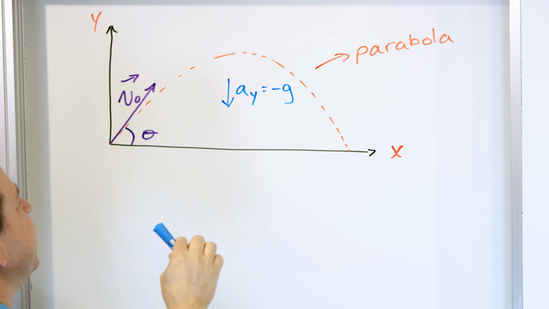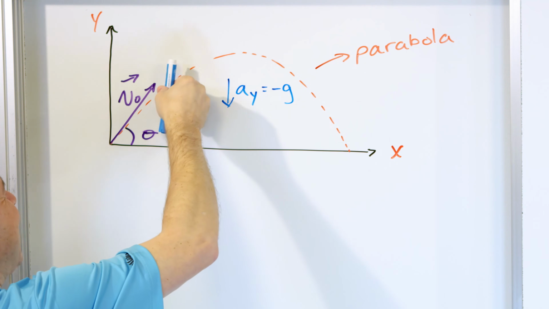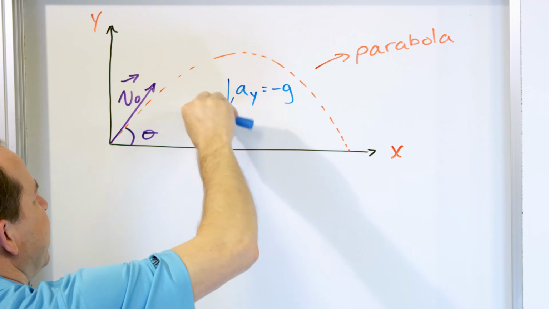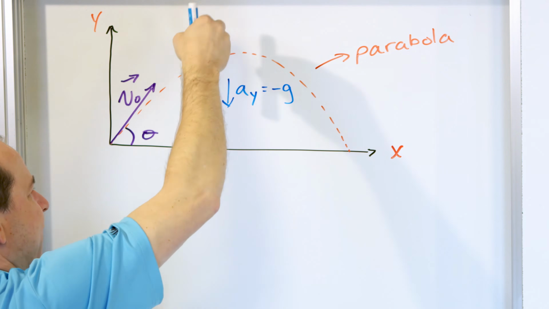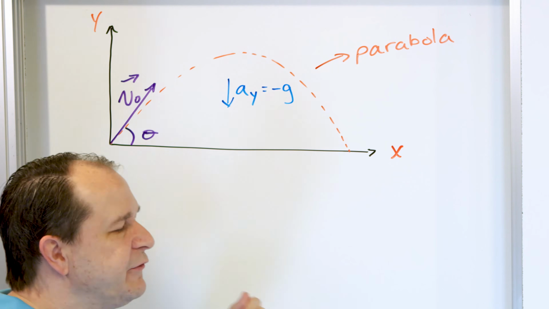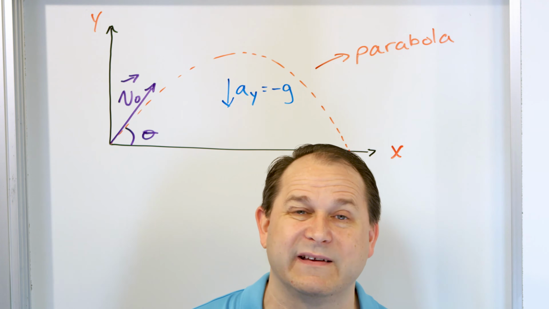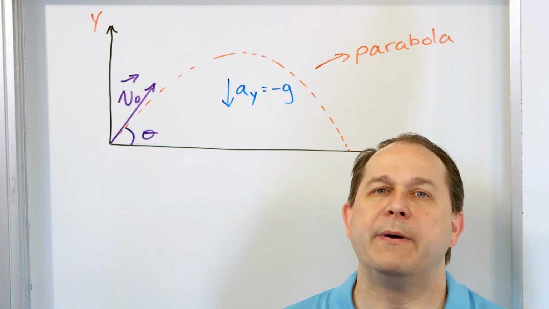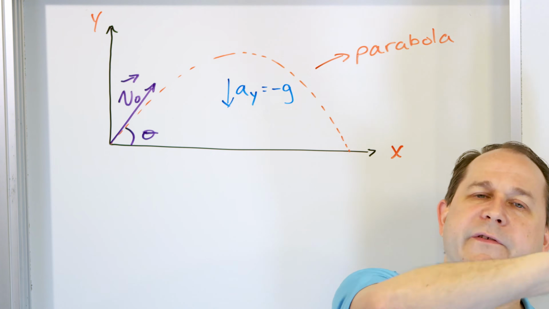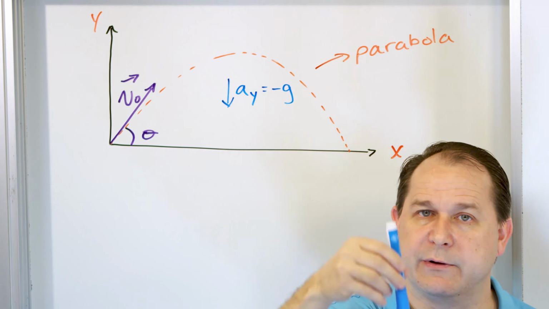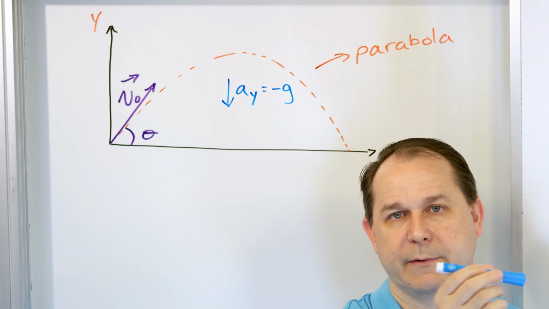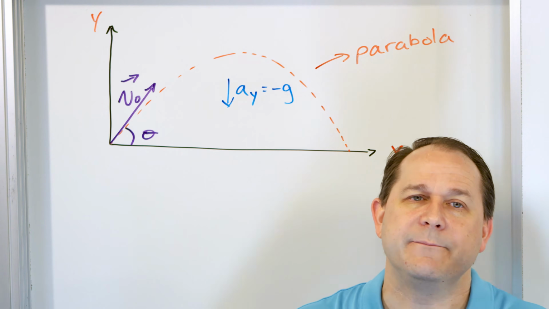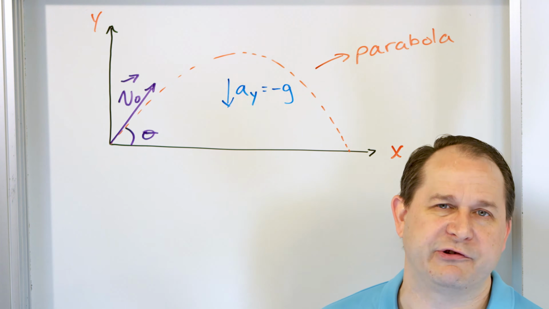But this acceleration of gravity is acting purely in the down direction, all along this motion. It doesn't act horizontally, because gravity always goes down like this. Now here's the punchline I want you to remember as we do the rest of this lesson. Because gravity only acts down, but the motion has an up and down component and a horizontal component, both of which trace out the curved path, that's why we break the motion apart.